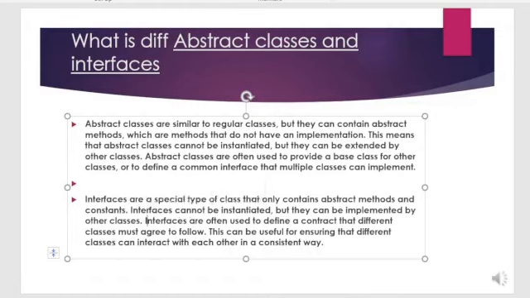Interfaces are often used to define the contract or constraints that different classes must agree to follow. This can be useful for ensuring that different classes can interact with each other in a consistent way. Do you understand? We'll go with our next question.